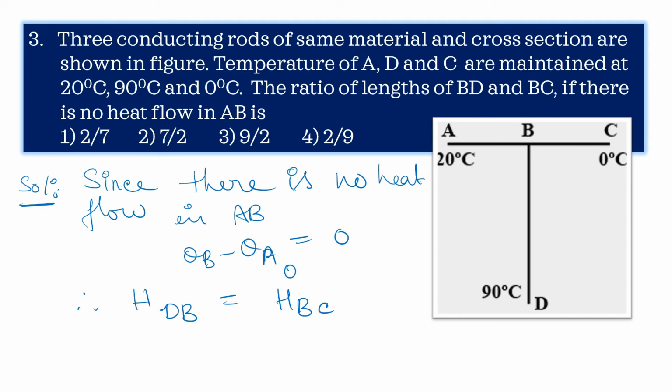So theta B is equal to theta A is equal to 20 degrees centigrade.